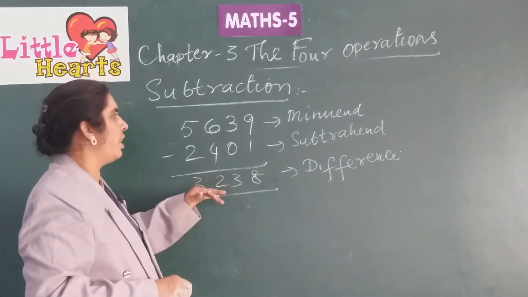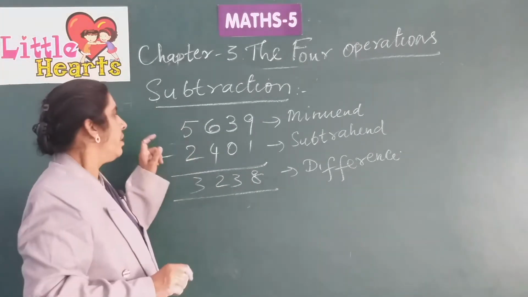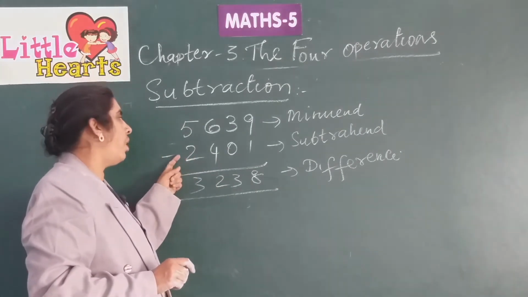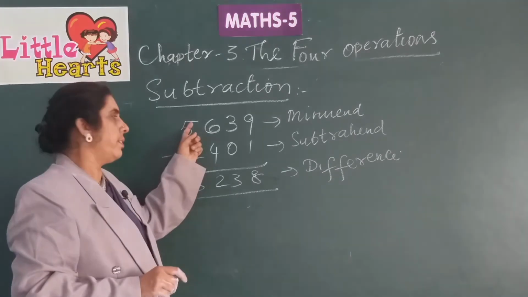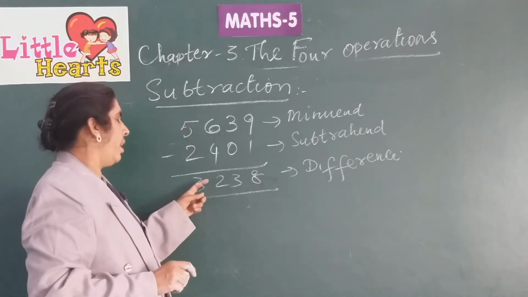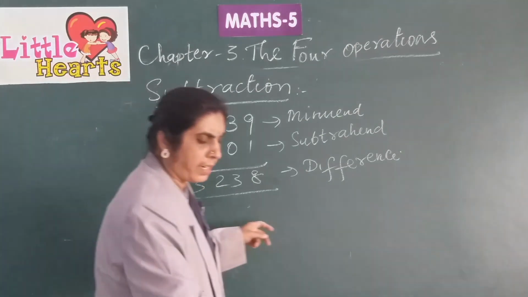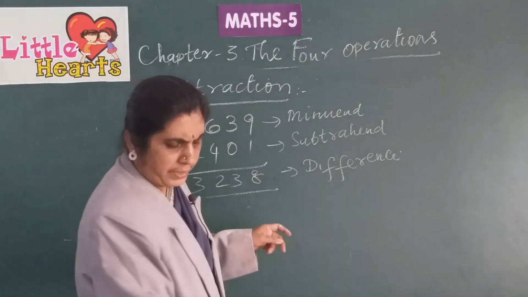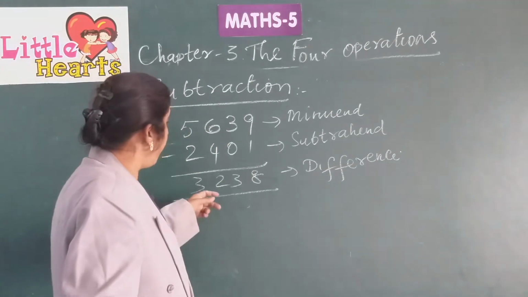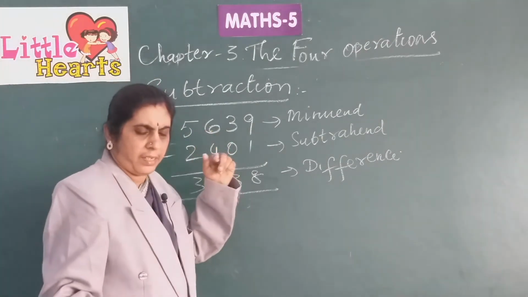These are the three terms. The bigger number is minuend, the smaller number we subtract is subtrahend, and the difference is the answer we get after subtraction. And remember that the difference will always be smaller than the minuend.